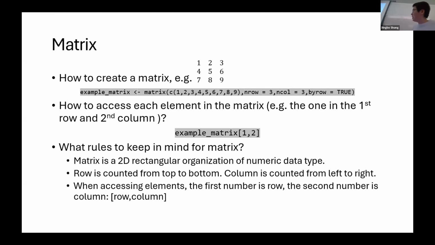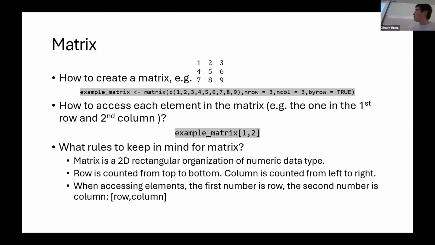But currently, I guess more or less you can guess. So you pass R a 1D vector, and then ask it to form it into a matrix. But R will ask, a matrix can have different numbers of rows and columns. How do you want me to shape it? And you tell R that, oh, I want a matrix of 3 rows and 3 columns.